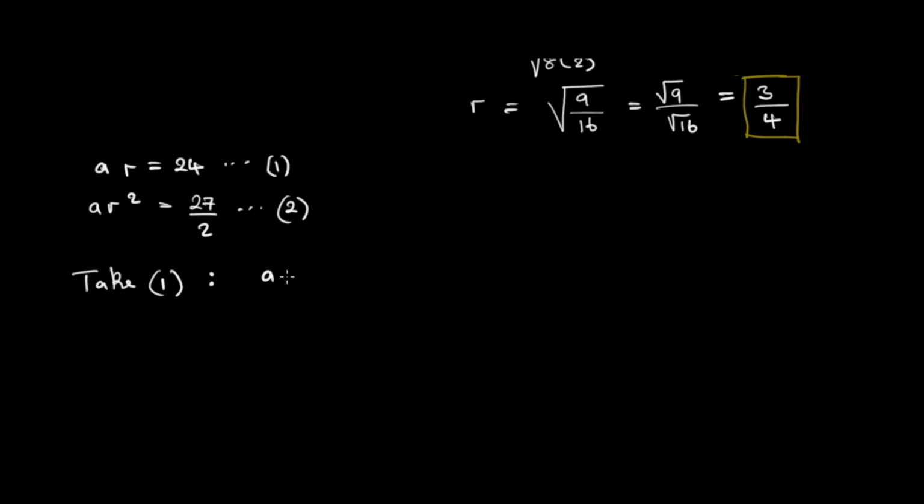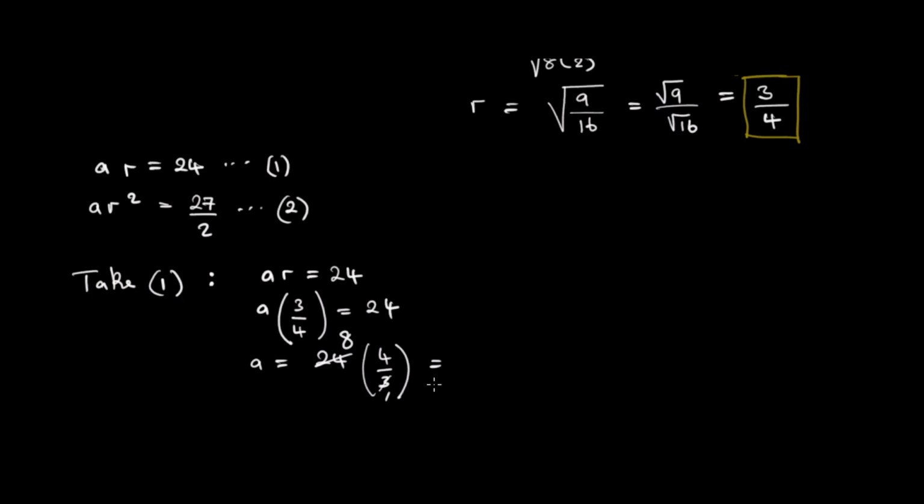AR is equal to 24. A times R, and R is 3/4, is equal to 24. A anenge ari equal to 24 multiplying 4/3, which is 3 into 24, 8. 8 times 4, 8, 16, 24, 32. So our answer is A is equal to 32.